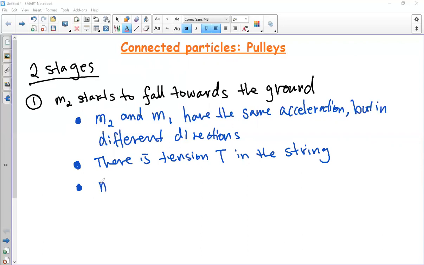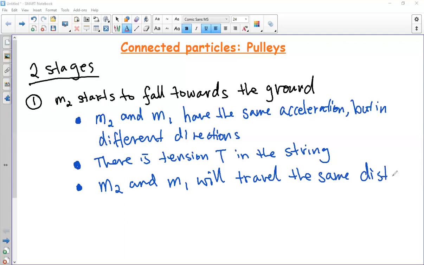So M2 and M1 will travel the same distance. For example, if M2 falls 3 meters until it hits the ground, that means throughout that time, M1 would have traveled upwards by 3 meters as well. This is when M2 starts to fall towards the ground.